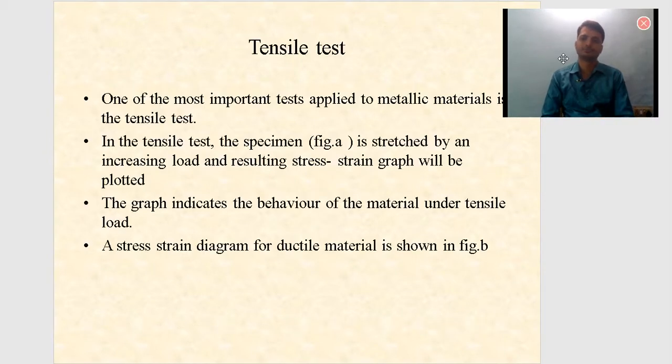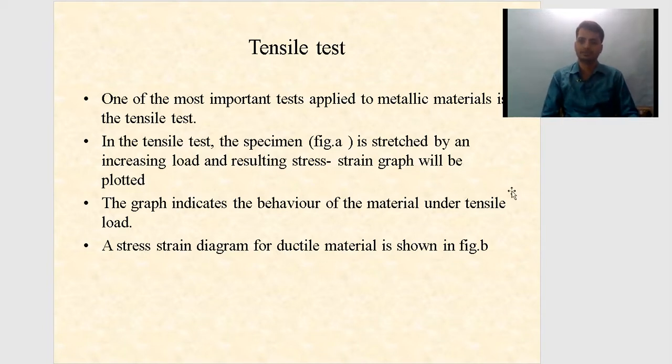Tensile test: one of the most important tests applied to metallic material is the tensile test. See, almost everywhere, the tensile test has to be conducted to know the properties of the material. See, if I want to construct a building, we need to know how much load it can bear and how much it can withstand.